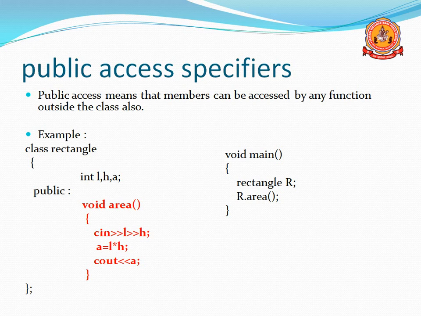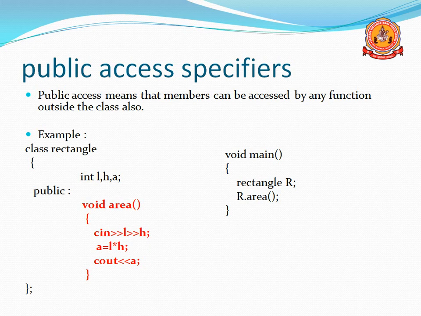Next one is the public access specifier. Public access means that a member can be accessed by any function outside the class also. If you declare any member function as public or data member as public, those members can be accessed by any function, or outside the class also we can access the member functions.